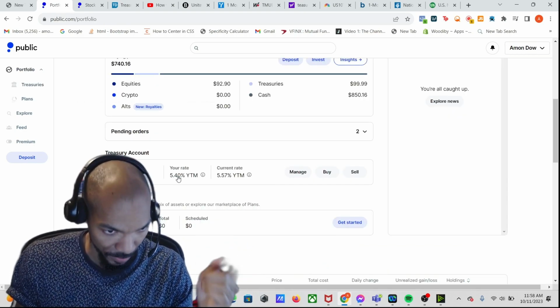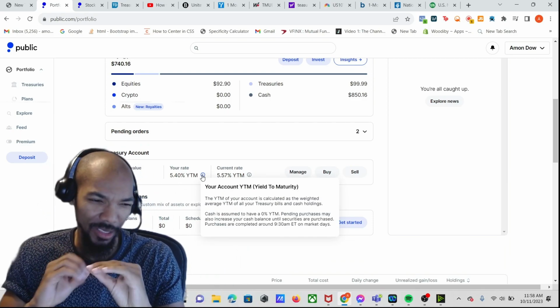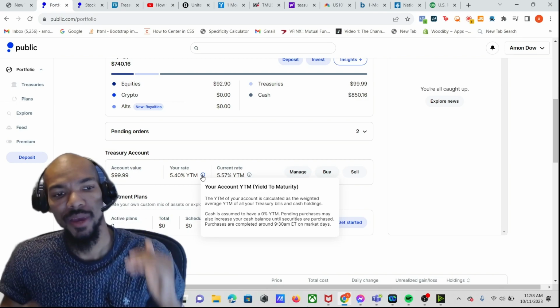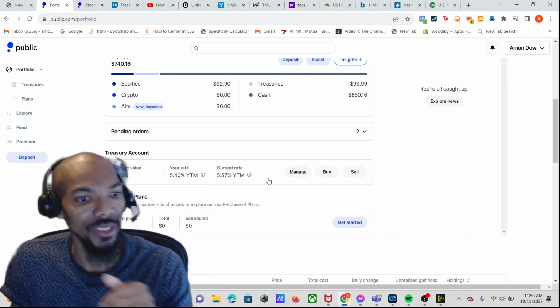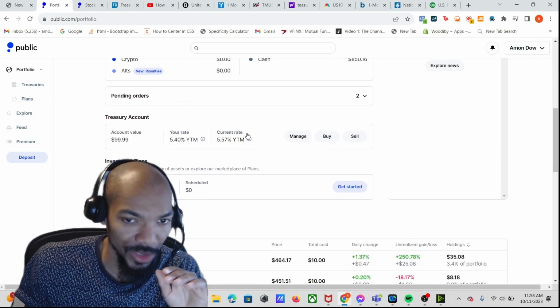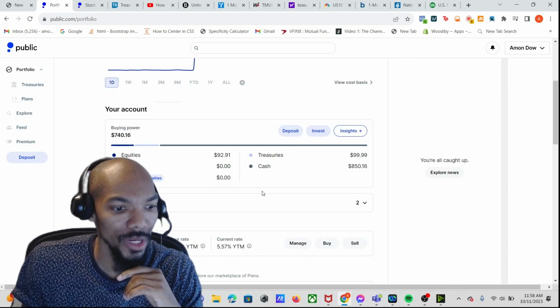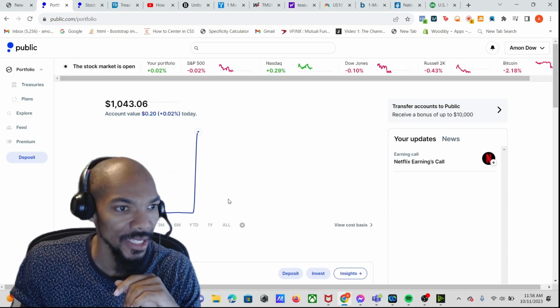The rate kind of fluctuates, because they do a whole bunch of stuff in the back end. But this is my rate, and this is the current rate. So it fluctuates a little bit as far as the rates. But that is pretty much it.